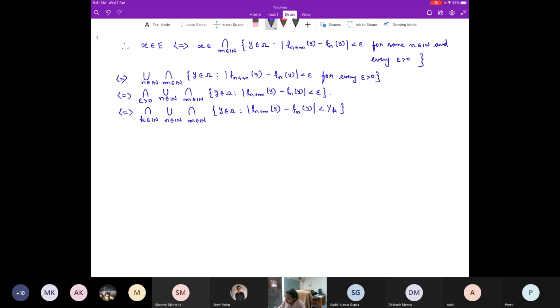What is this set, whatever is written within the brackets? It's the pullback, with respect to the function f(n+m) minus fn, of the set (-1/k, 1/k). Intersection over k in N, union over n in N, intersection over m in N.